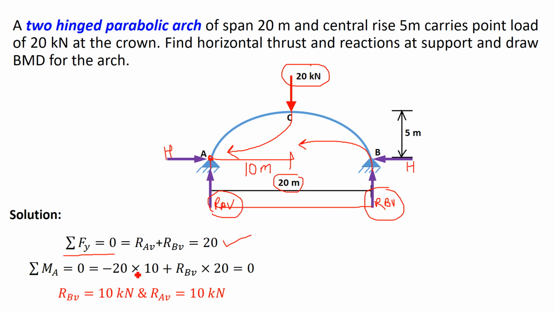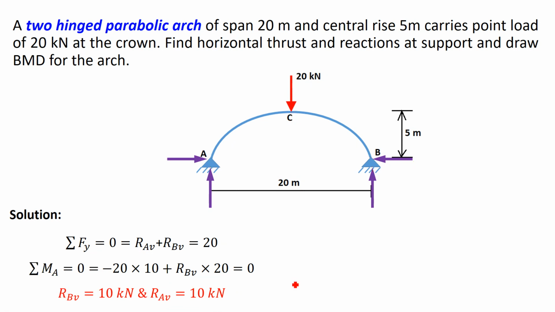So minus 20 into 10 plus RBV into 20 equals 0, giving RBV equal to 10 kilonewton. Putting this in the first equation, RAV equals 10 kilonewton.